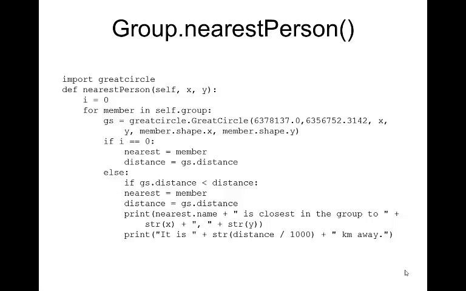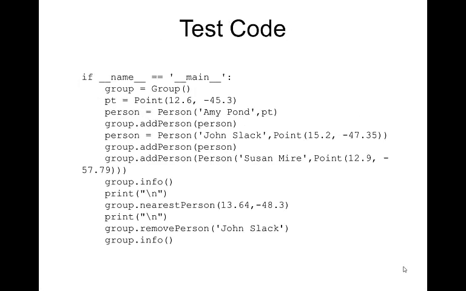So as we loop through the group list, we keep the minimum distance and the ID of which member of the list has the minimum distance. And then at the end, we can print out which person is closest. Don't worry about the details of that, okay, that's some test code.